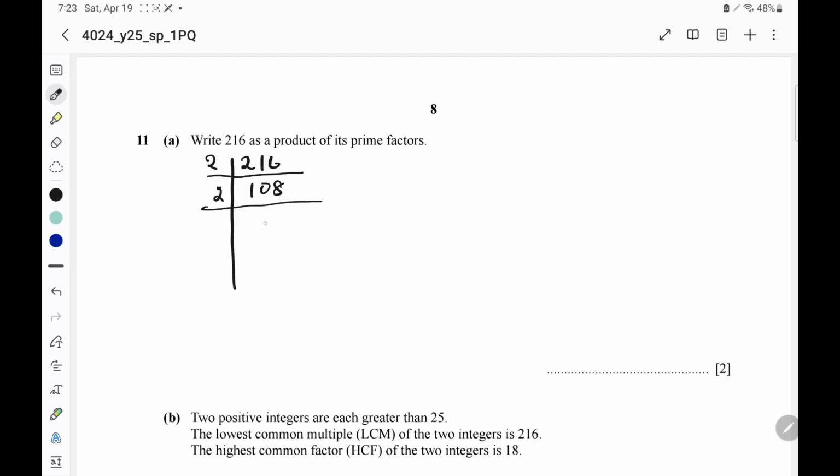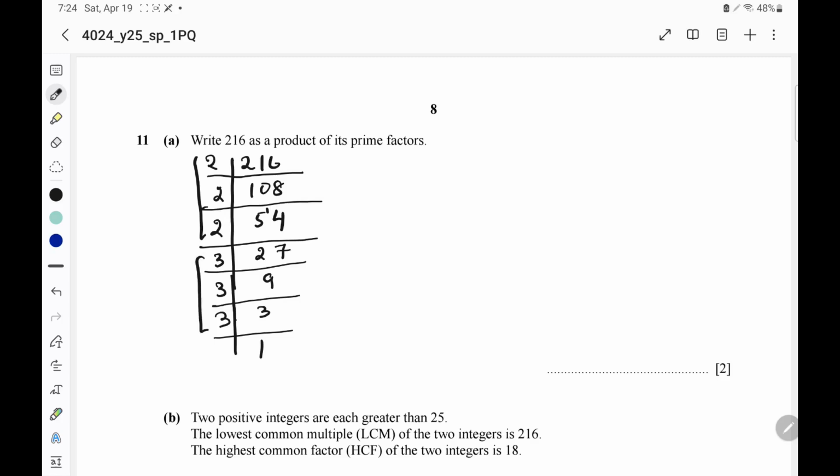Don't use a calculator. 2 5s are 10 and 4, 54. Take again the 2 times table. 2 2s are 4, 2 7s are 14. And then you will have 3 9s are 27, 3 3s are 9, and 3 1s are 3. So you have 2 cube and 3 cube. 2 cube times 3 cube.